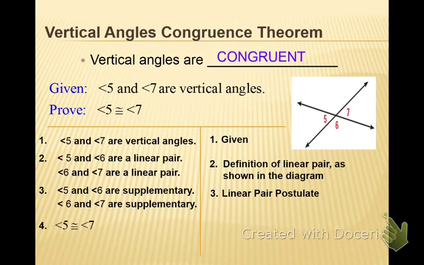It is true, 5 and 7 are vertical angles and they are congruent. But which theorem? We've got 5 and 6 are supplementary, 6 and 7 are supplementary. Congruent supplements theorem? Yeah, it's the congruent supplements theorem, which says if two angles are supplementary to the same angle, they're going to be congruent.